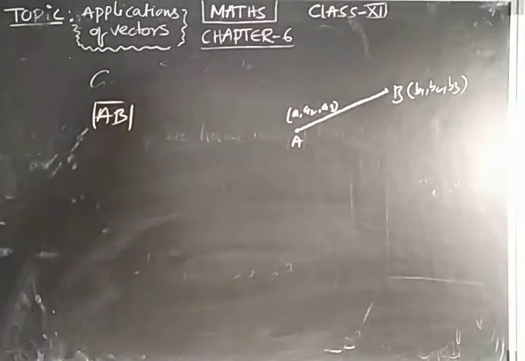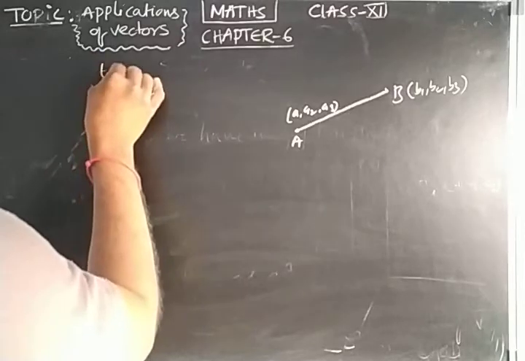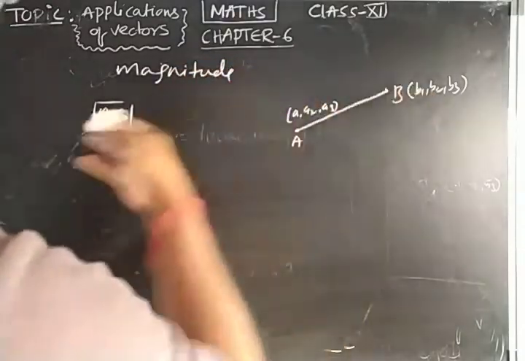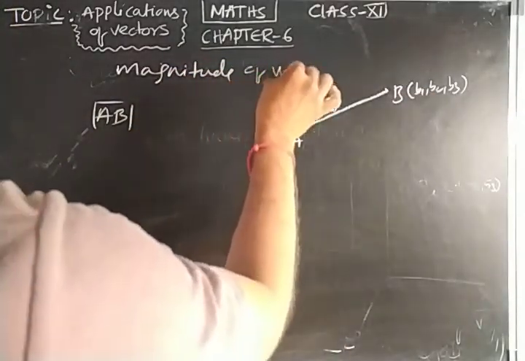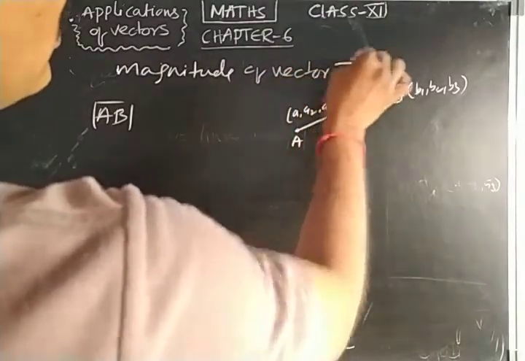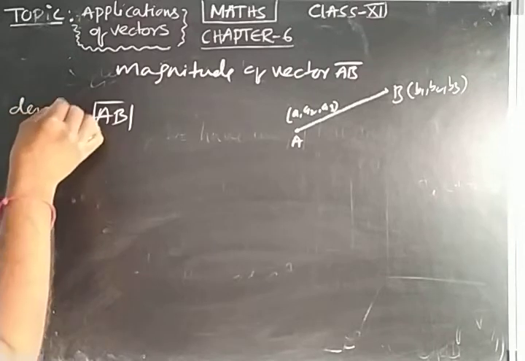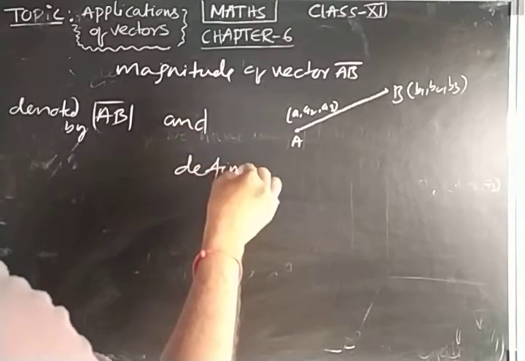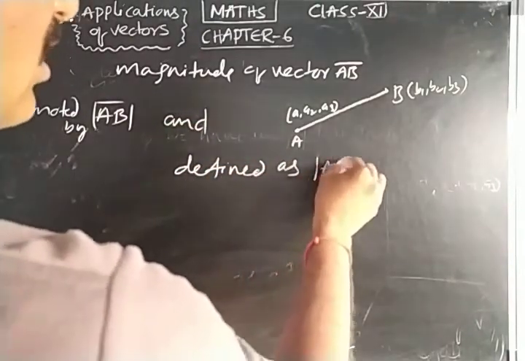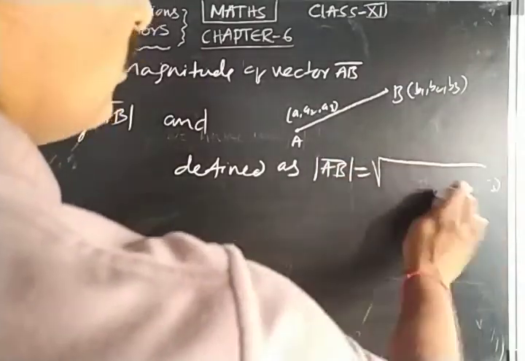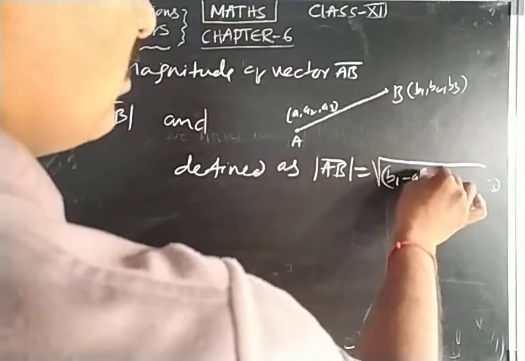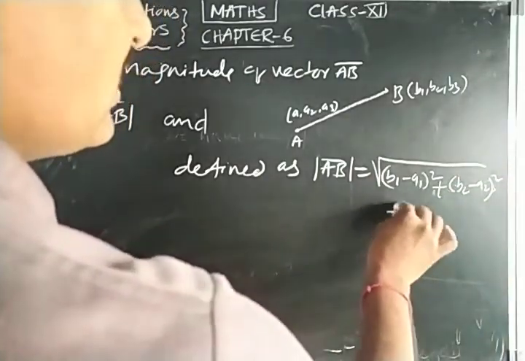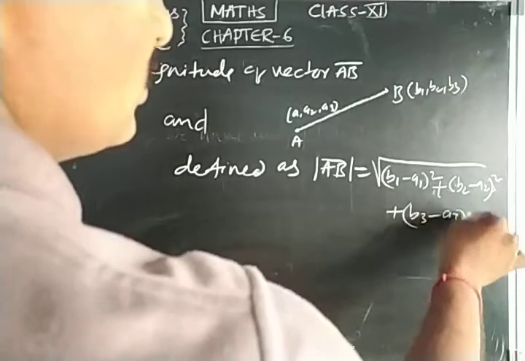The length is denoted by mod AB bar, the magnitude of the vector AB bar, and is defined as mod AB bar equals the square root of (b1 minus a1) whole square plus (b2 minus a2) whole square plus (b3 minus a3) whole square.